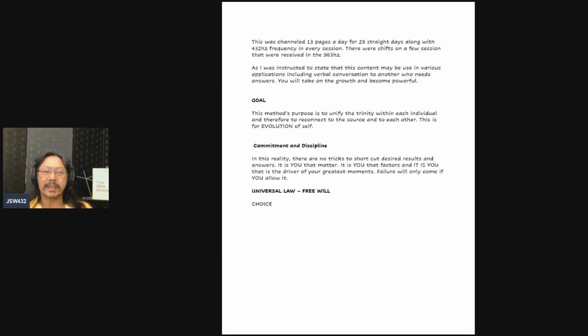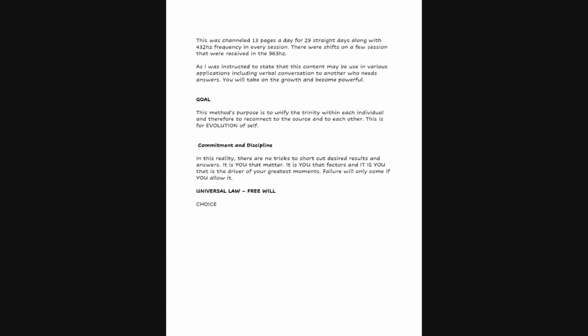Let's get to the second page. This is still instructions, and the instructions for this book vary a bit. There are certain pages that were channeled at 432 hertz, so there's a frequency infused in this to help you. This was also done in 29 straight days.